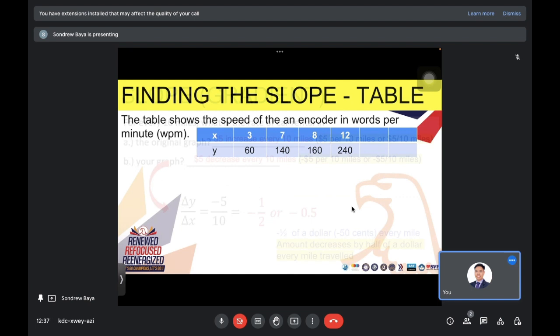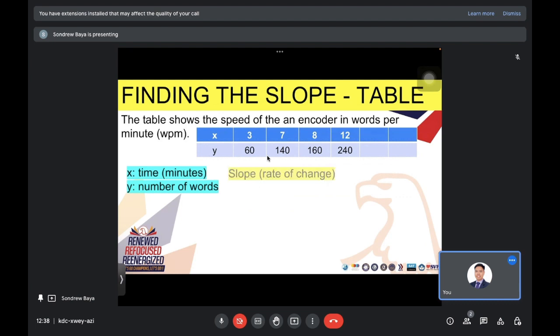Looking at it, your independent variable x, since we're talking about the speed of the encoder in words per minute, tells you the time that the person is working, and your y tells you how many words are being encoded. In other words, your x is time and y is the number of words.